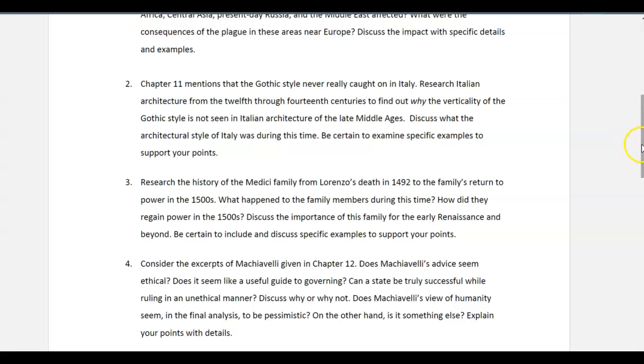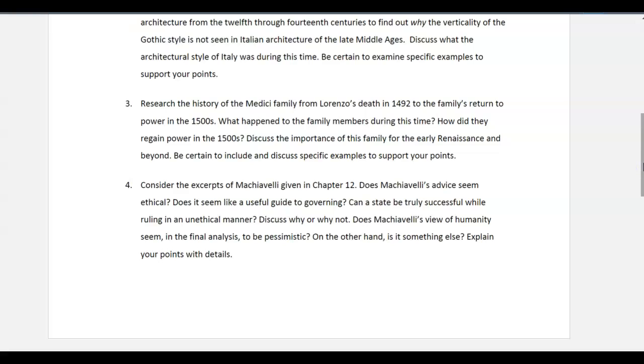For topic 3, it's about the de Medici family. You have some details about Cosimo and Lorenzo, but the de Medici family actually has a longer history than just those two individuals. So I want you to look at the de Medici family after Lorenzo's death. So from 1492 on to the 1500s, I want you to look at what they do there, and you're going to find that the de Medicis were an impressive family, highly influential.